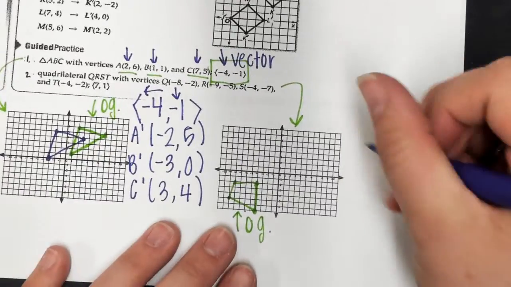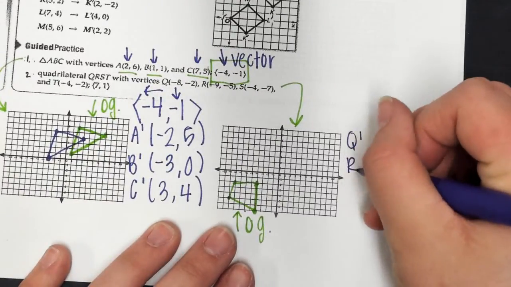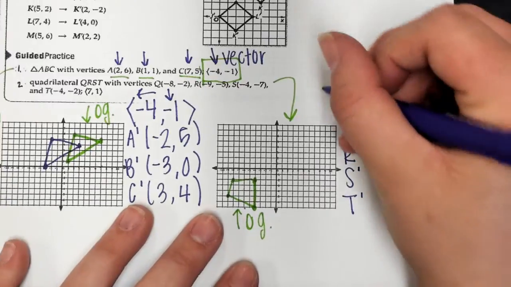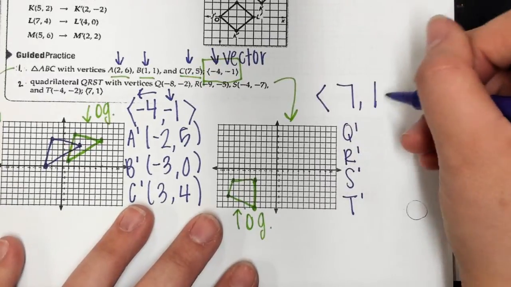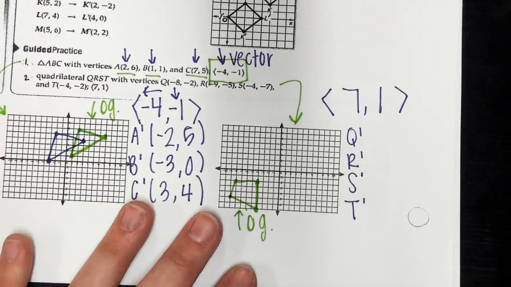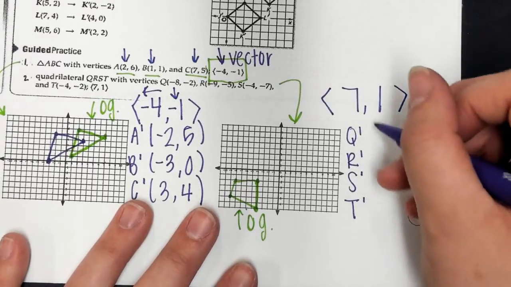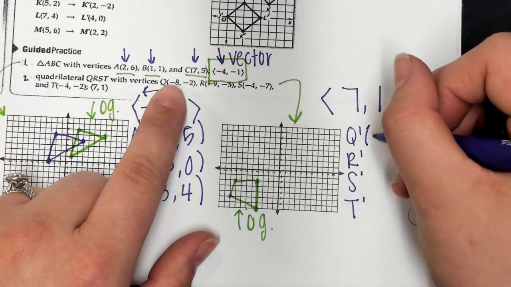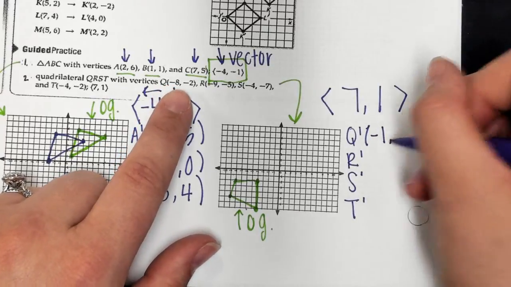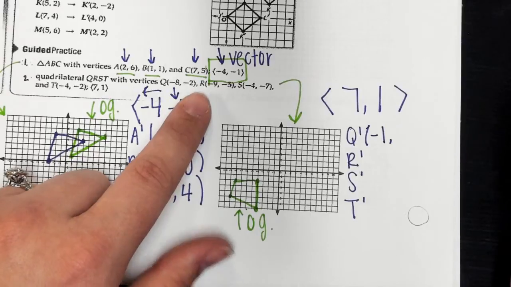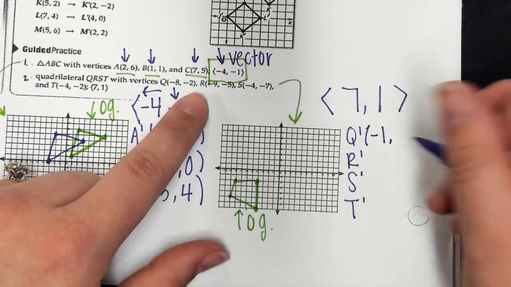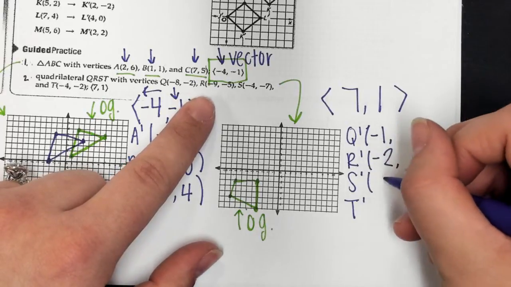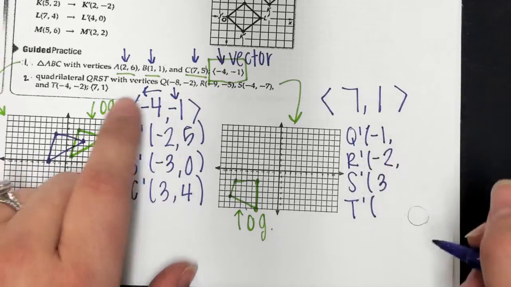Okay. To make Q prime, R prime, S prime, and T prime, my vector is 7, 1. So every point on this, I'm just going to add 7 or 1. Negative 8 plus 7, -1. Negative 9 plus 7, negative 2. Negative 4 plus 7. Negative 4 plus 7.